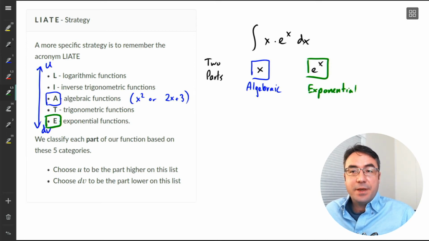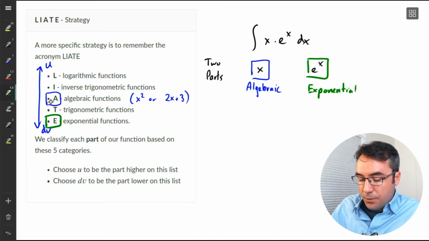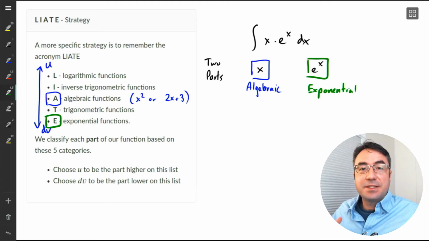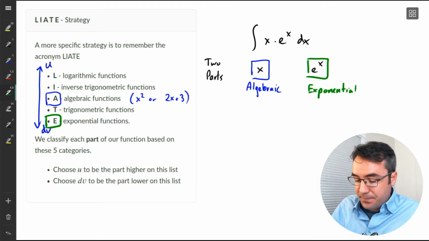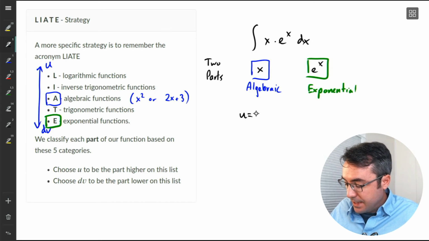And the term that we pick for u is whichever one is higher. So my algebraic function, x, is higher on this list than the exponential. So that's what we would pick, u equal to x.